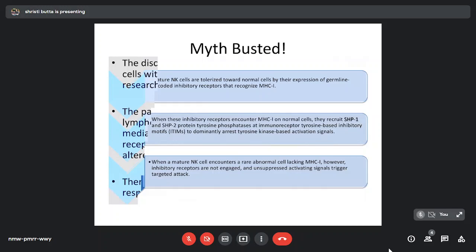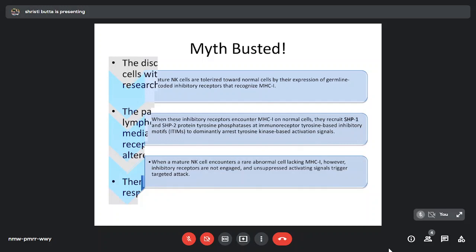When these inhibitory receptors encountered MHC class 1 on normal cells, they recruited SHP1 and SHP2 tyrosine phosphatases at immunoreceptor tyrosine based inhibitory motifs to dominantly arrest tyrosine kinase based activation signals.